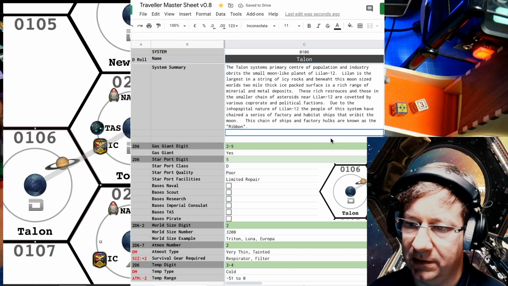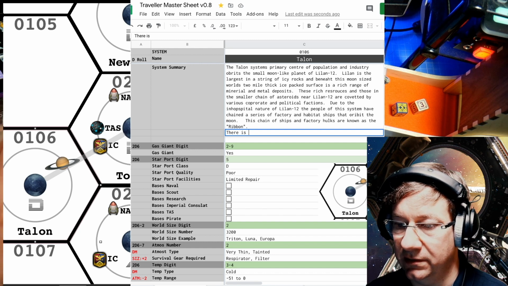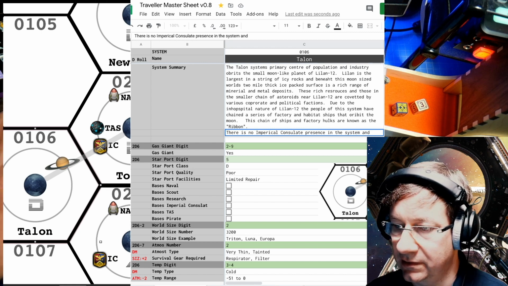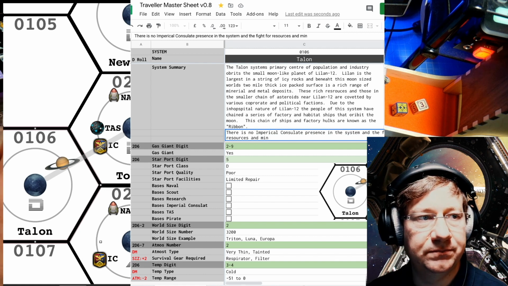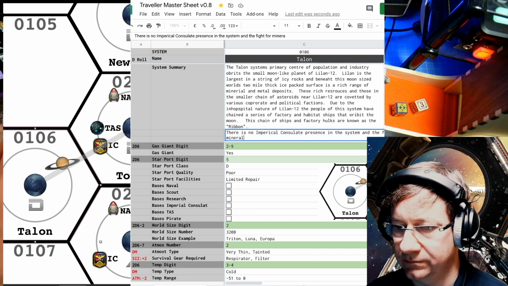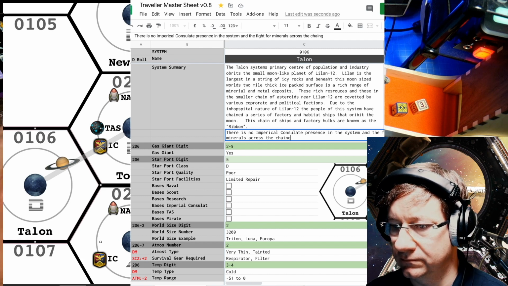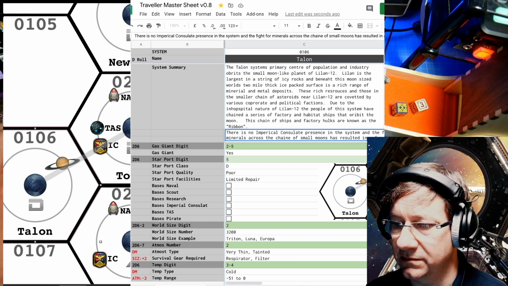And then I can detail out a little bit more. So there's no imperial consulate presence in the system, and the fight for resources and material, fight for minerals, across the small moons has resulted in a fractured Balkan state.